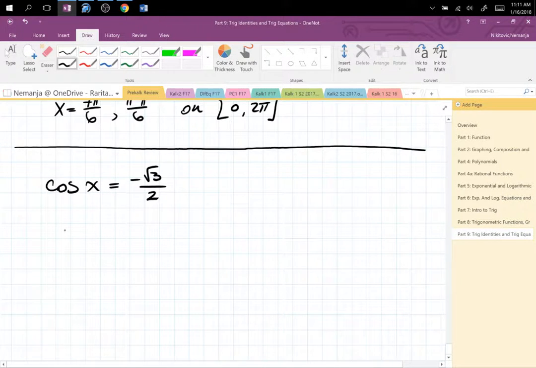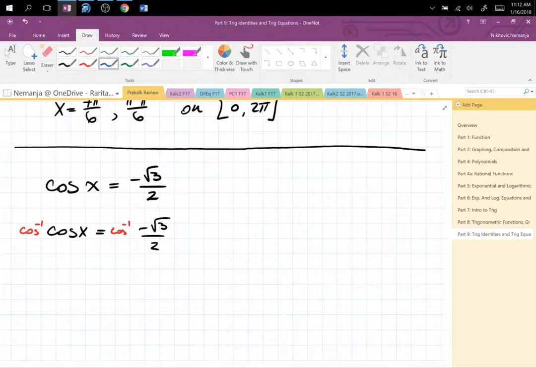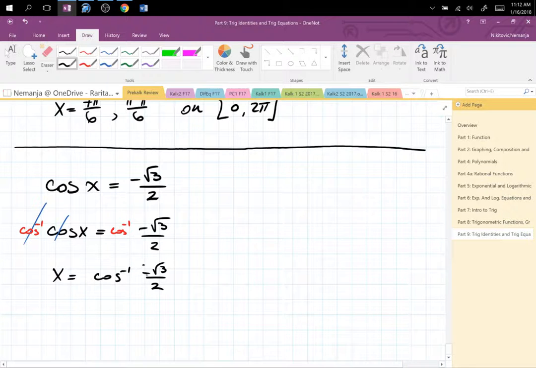Cosine x is equal to, and I leave some space to apply my inverse cosine. Now, the inverse cosine will kill off the cosine, and I have x equals inverse cosine of negative root 3 over 2.